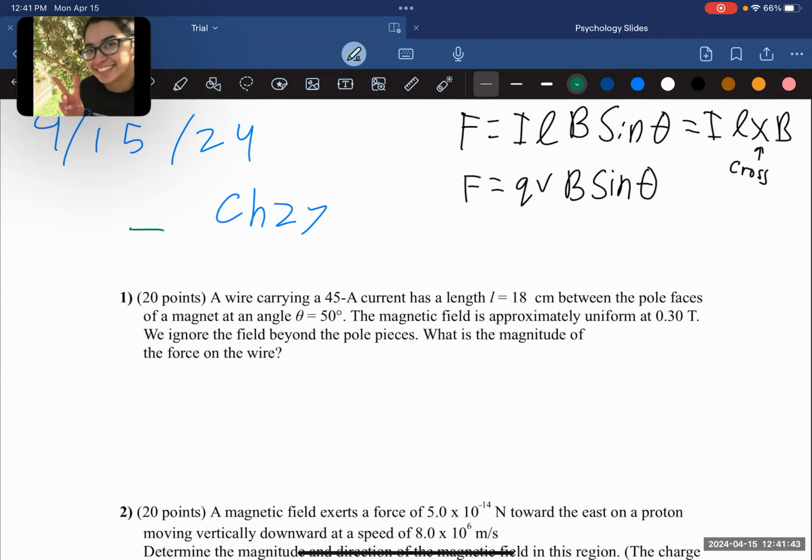It's saying that if you had your right hand thumb and your fingers curled around like that, then the direction that your fingers are curling is your magnetic field.